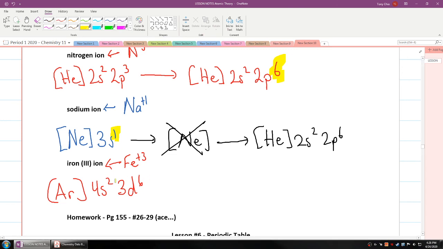Well, it's going to start losing first from the p orbital. Are there any p's in the core? No. The next one it's going to lose from is the s electrons. It's going to lose these 2. So that's 2 of them. But where's the last one going to come from? The last one's going to come from the d electrons. That's going to go down by 1. So what you're going to end up with is argon 3d5. And that, if you notice, is the reason why iron 3 exists, because it's now a half-filled d orbital.